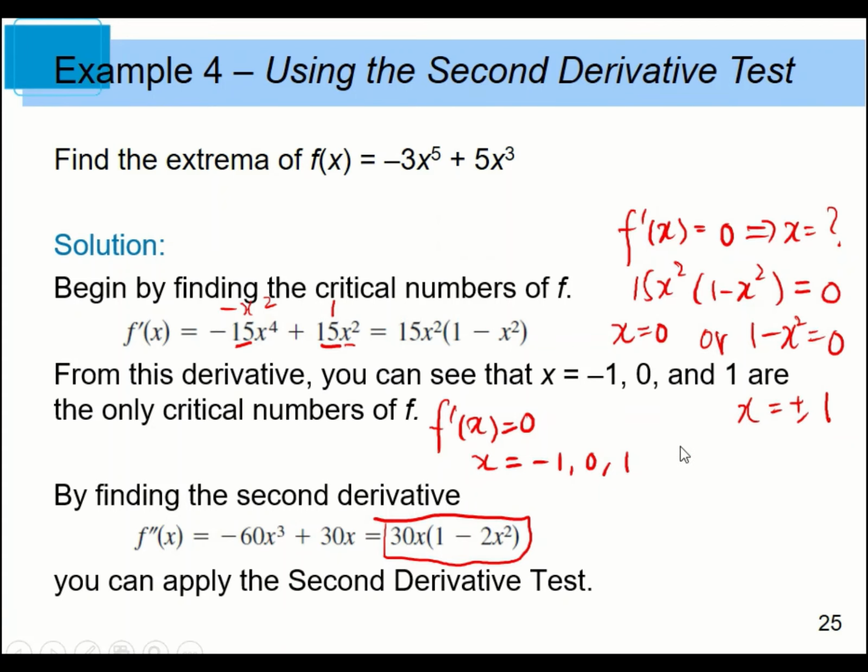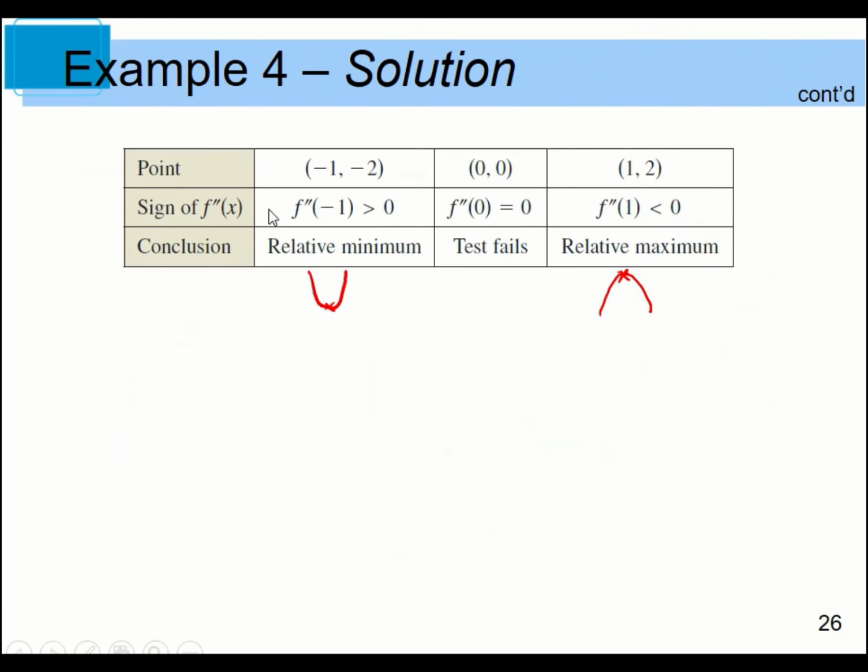After that, use these values to perform the second derivative test to determine whether they are a relative maximum point or relative minimum point. Of course, we can also use f double prime equals 0 to locate the possible inflection point, and to confirm this, we can always use the first derivative test.